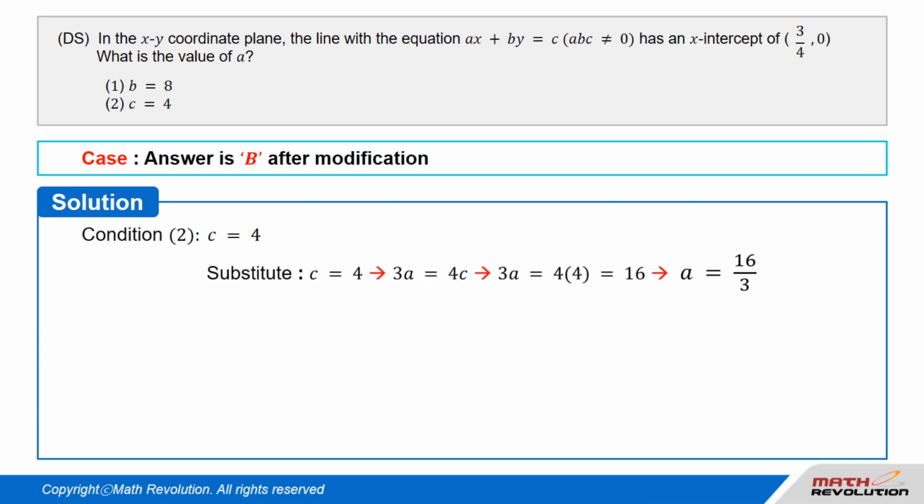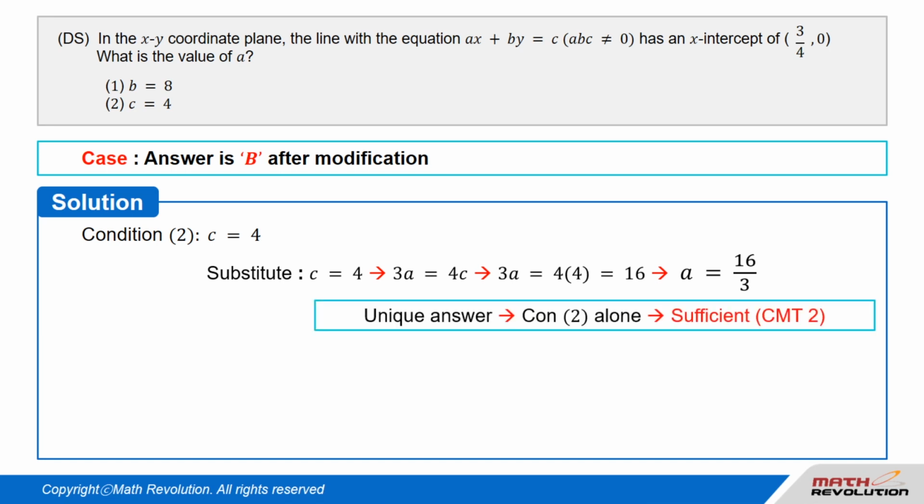Substituting c equals 4 into 3a equals 4c, we get 3a equals 4 times 4, which is 16, or a equals 16/3. The answer is unique, so the condition is sufficient by CMT 2, which means that the number of answers must be 1. B is the correct answer because condition 2 gives us what we need to solve the question.